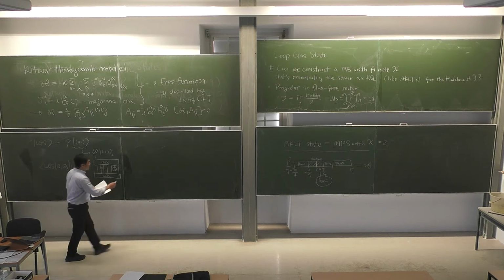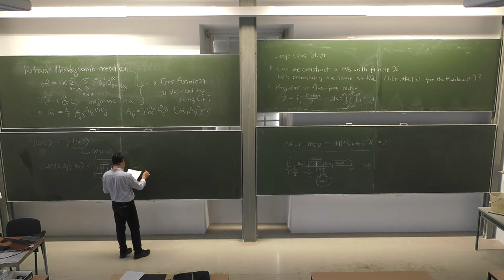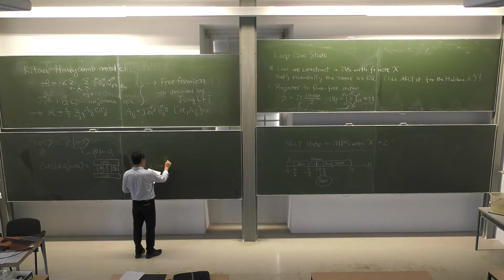And we can easily rewrite this as if it is some sort of weighted average over a classical model, namely something like this.